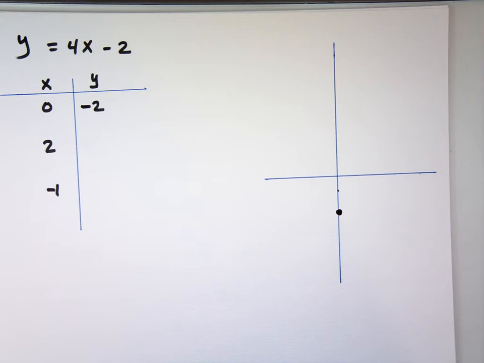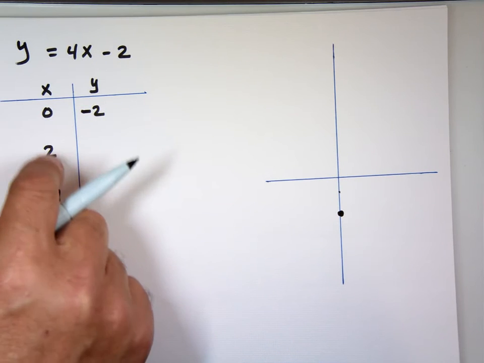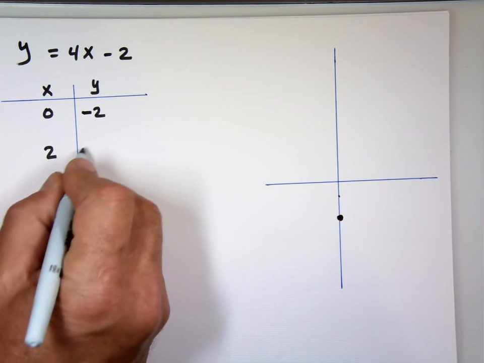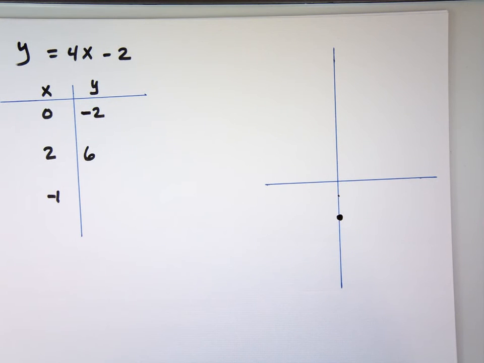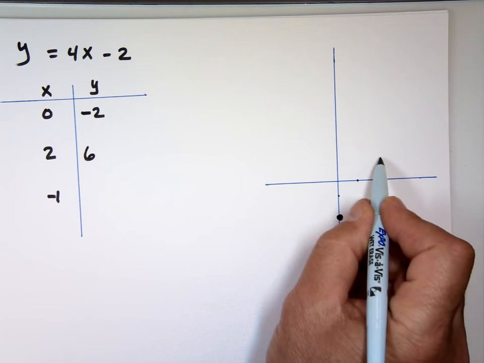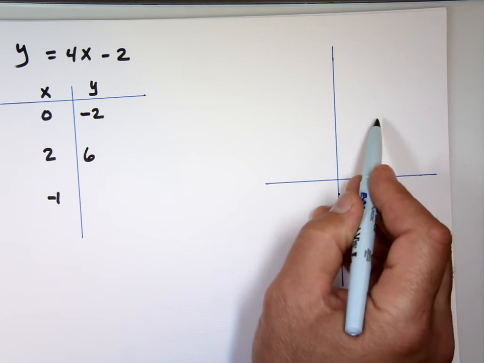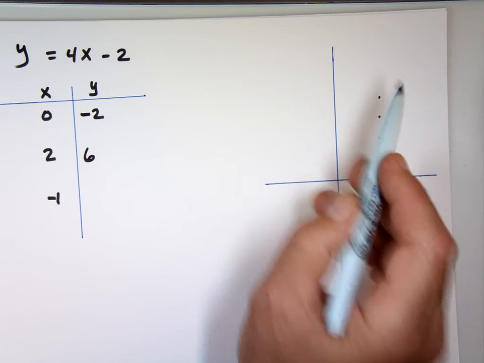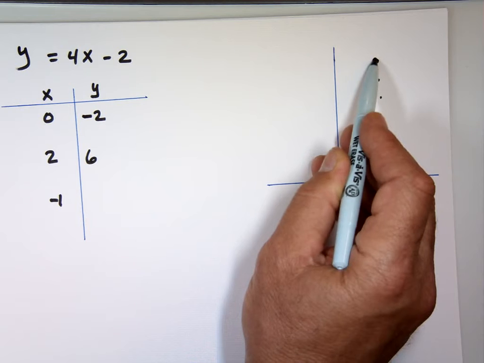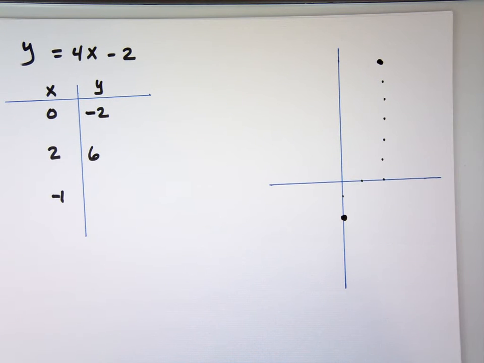The second point, when x is 2, what's 4 times 2? 8. 8 minus 2? 6. 2 and 6. It's up there. 2 and 6, that big fat dot up there.